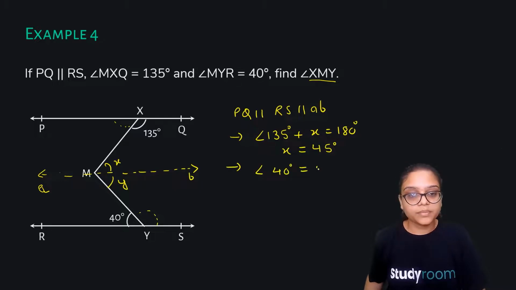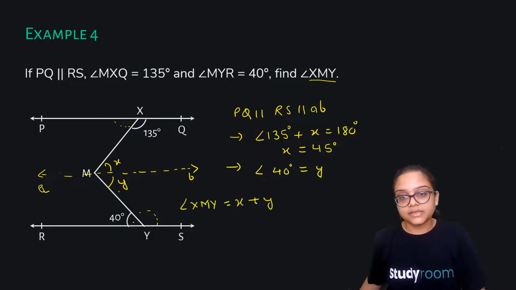This is a pair of alternate interior angles, and if two lines are parallel, alternate interior angles are equal. So we have found X and Y, and we need to find angle XMY, which is X plus Y. Hence it is 85 degrees, and this is our required answer. I hope you're clear with the solution.